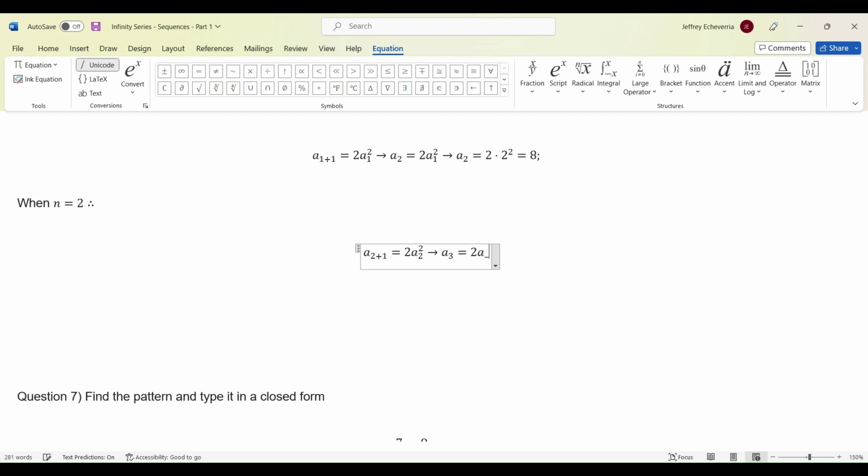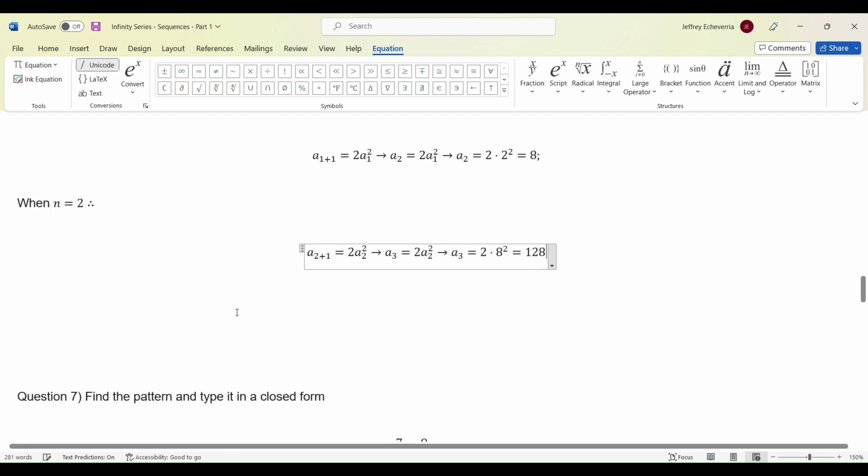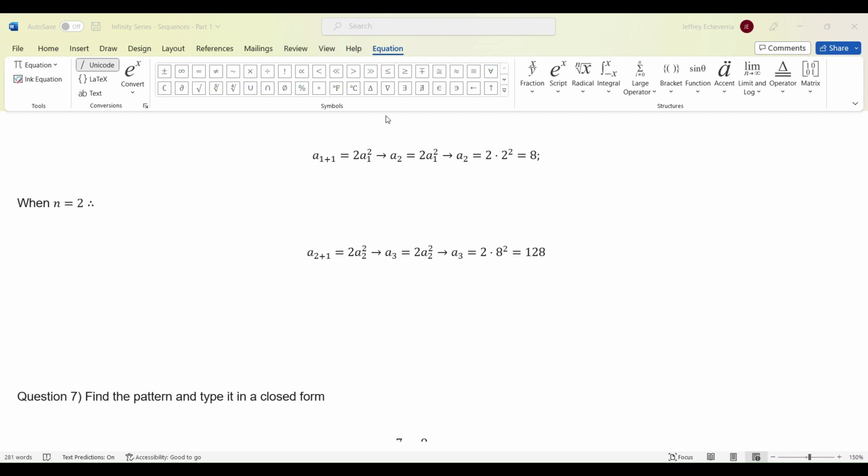It'll be 2 a sub 2 squared. That becomes a sub 3 equals 2 c dot 8 squared, which gives us 8 times 8 is 64, times 2 is 128, but I will verify. So it'll be 8 times 8 times 2, and it was 128, so I'm good.